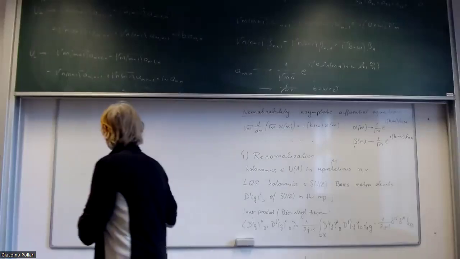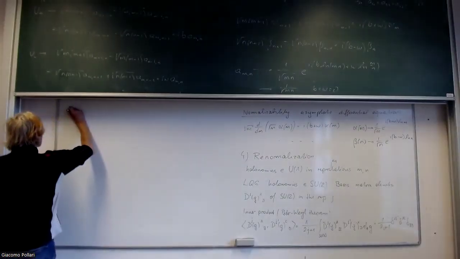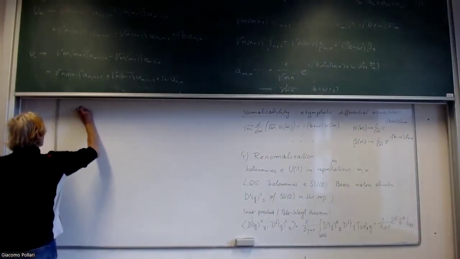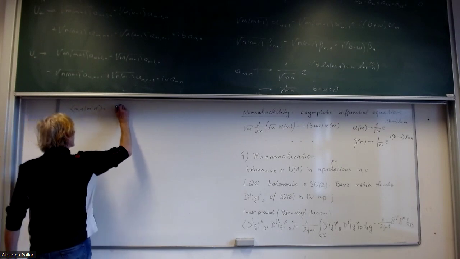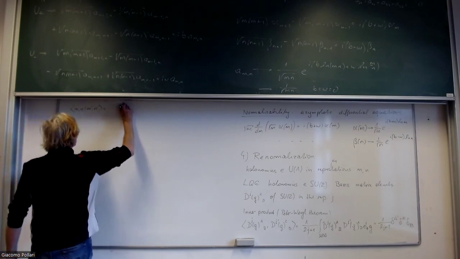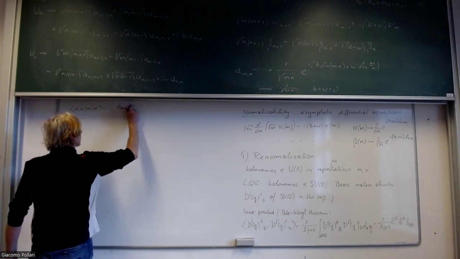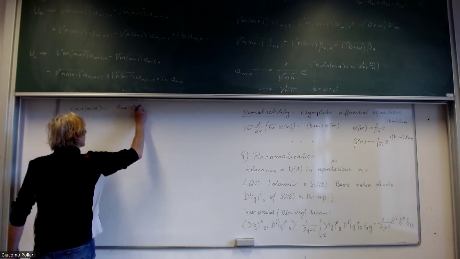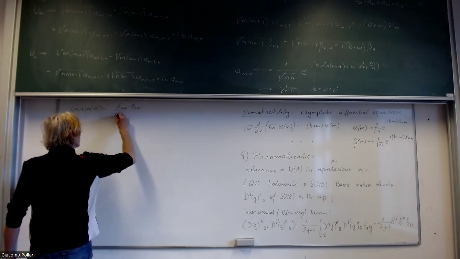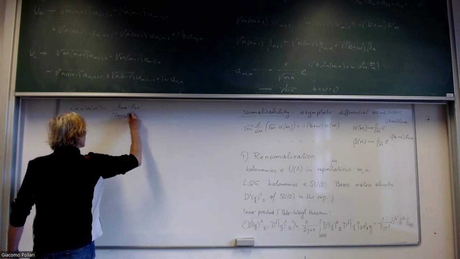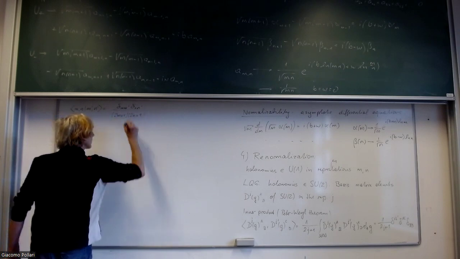So that is, then n prime is then delta m, n prime, delta n prime divided by 2m plus 1 to n plus 1.